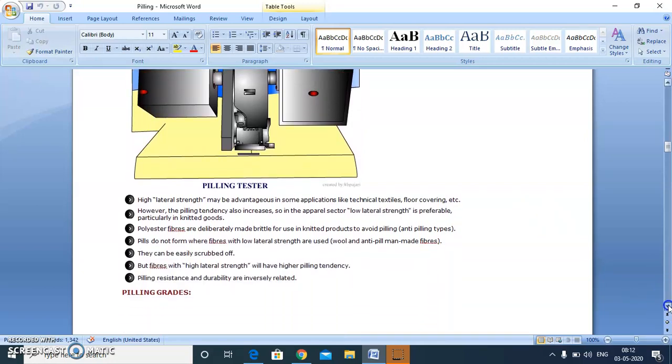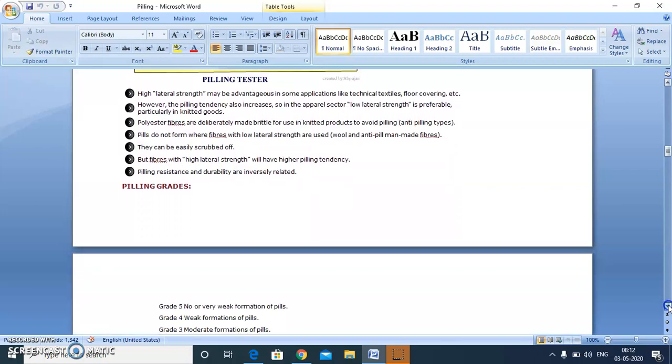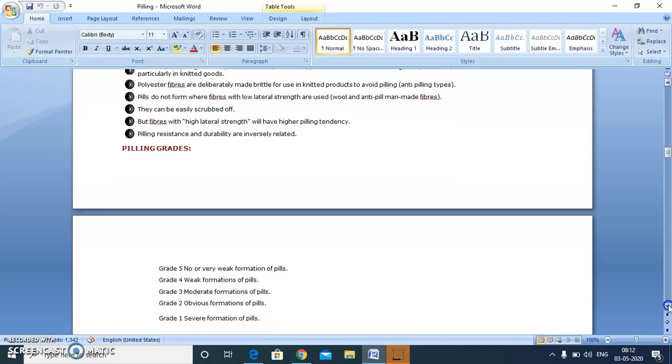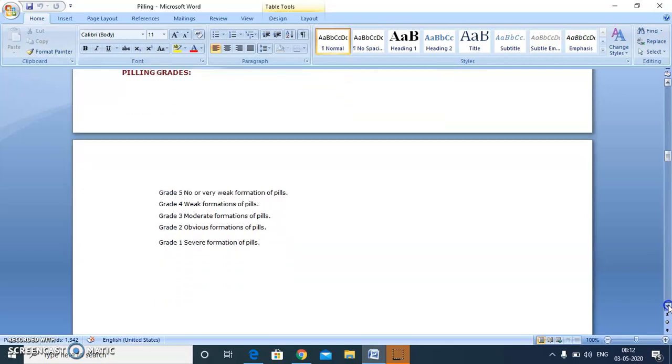So this is basically not an objective test, it is some sort of subjective test, and grading is the grade scale shown here.